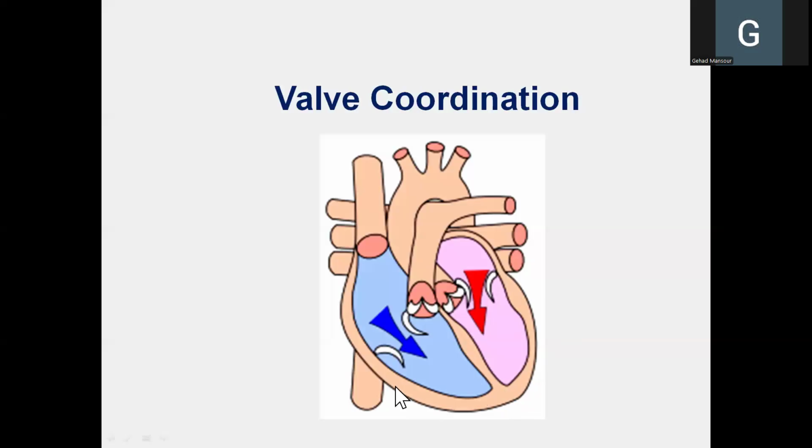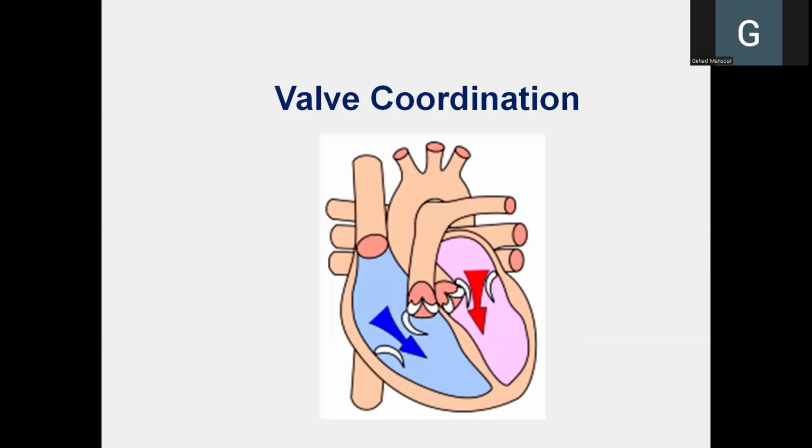So if both branches of specialized myocardium conduct rapidly, we will have the normal shape of the QRS complex. But if the wave of depolarization spreads on the right side normally, but spreads onto the left side slowly, then the QRS complex will take a longer duration.